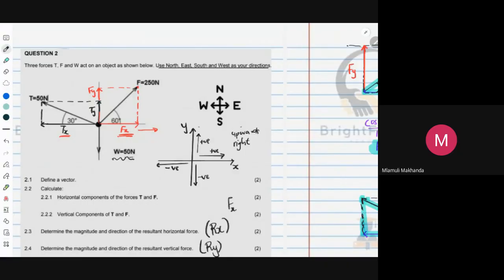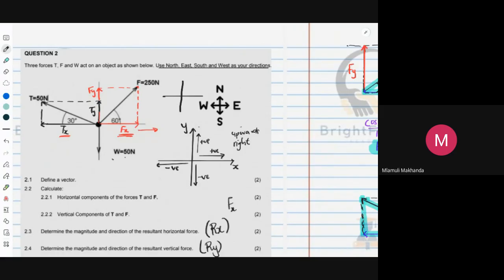You don't exclude it, right? Because remember what we said, the reason we resolve vectors is so that all vectors are either in the Y or in the X direction, so that it's easy to add them together so we can find the final resultant at the end.